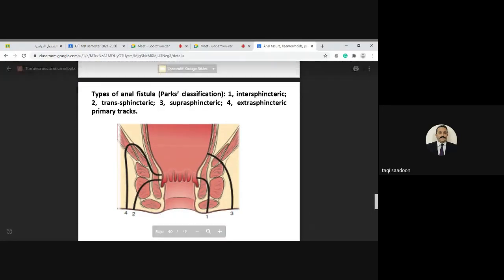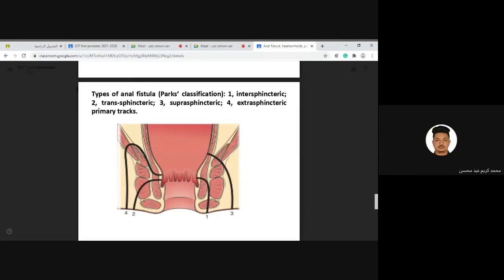Is this picture clear, students? Yes, doctor. Intersphincteric, between the internal sphincter and external sphincter. This is number 1, intersphincteric. Number 2, transsphincteric.